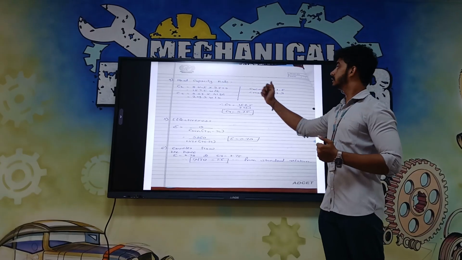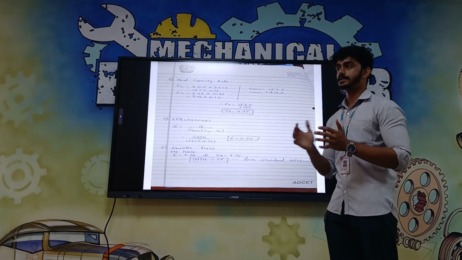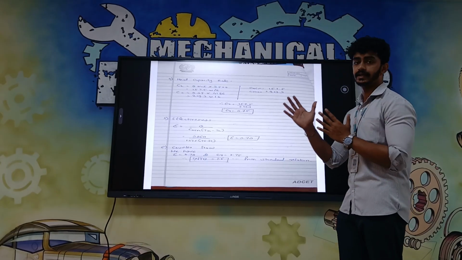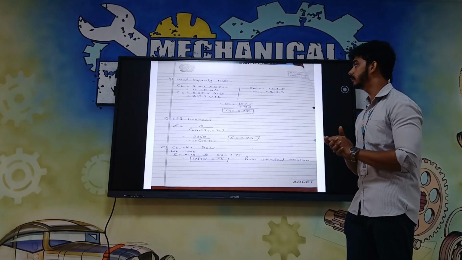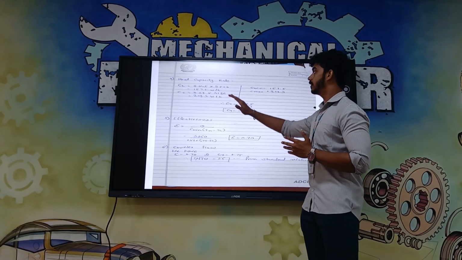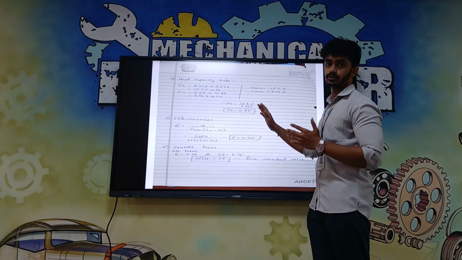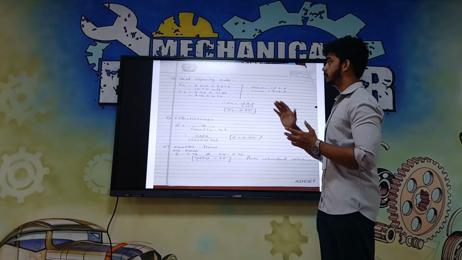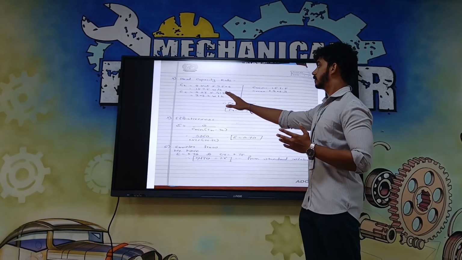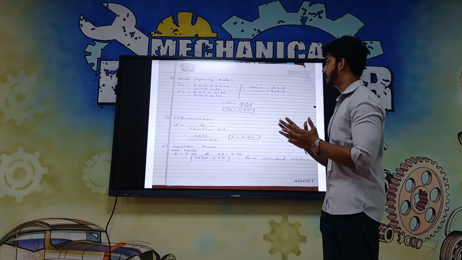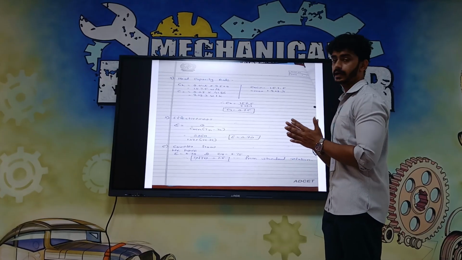Moving to the next, the heat capacity rate ratio, CR. To find CR, we need to find C minimum and C maximum, the capacity rate for minimum and for maximum. For hot capacity, we have 0.045 into the specific heat as found before, so it becomes 157.5 watt per kelvin, and for cold, 0.05 into 4186, which becomes 209.3.